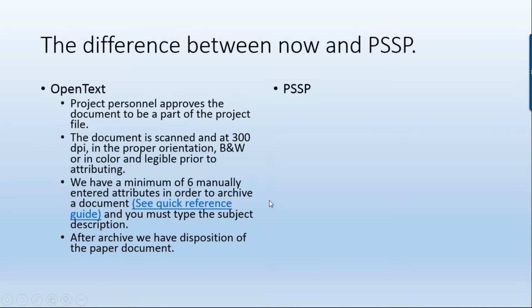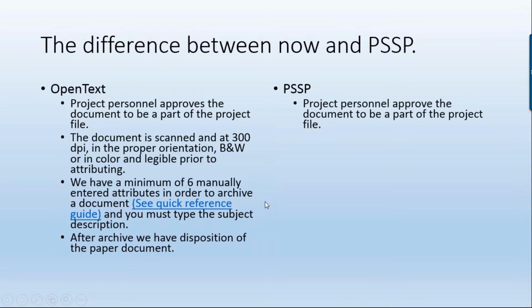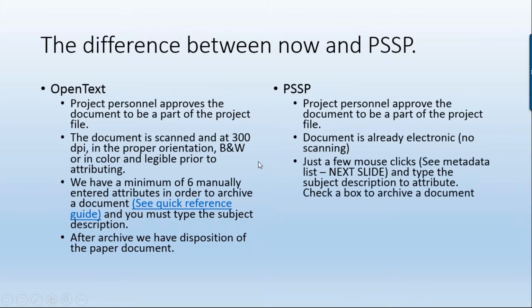Now with PSSP, we still have to approve the document. So even though a document shows up on this website, does not make it a part of the project file. Somebody still has to review it and approve it. The document's already electronic, so there's no more scanning. And like I said, just a few mouse clicks.